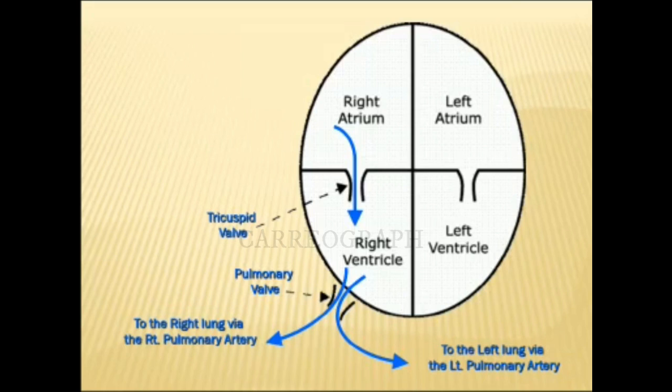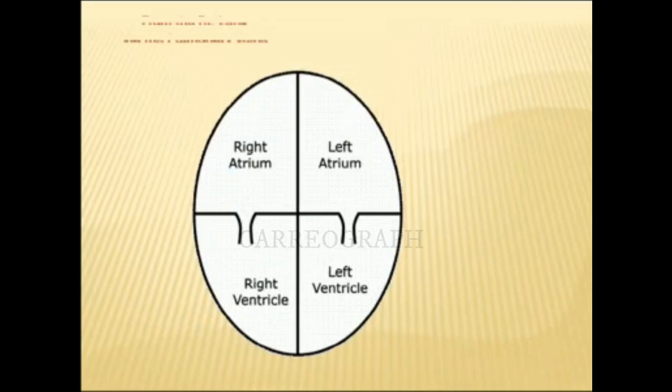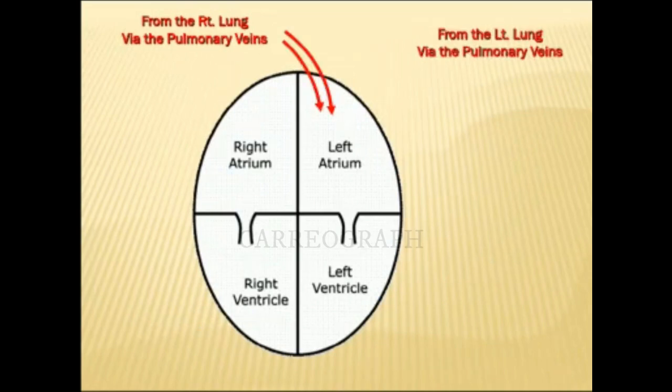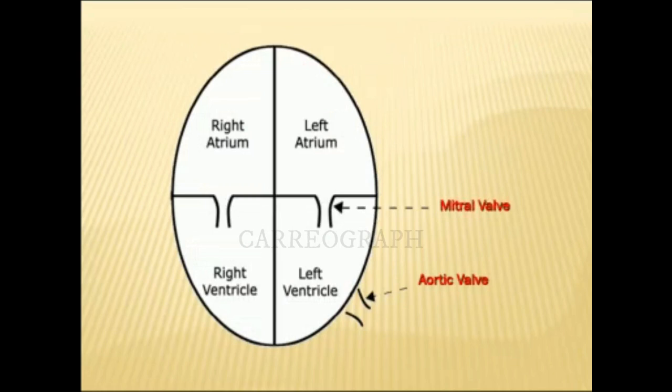This oxygenated blood travels back to the heart through the pulmonary veins from the right and left lungs into the left atrium. When this left atrium is completely filled, blood goes into the left ventricle via the mitral valve or bicuspid valve. When the left ventricle is completely filled, blood moves into the aorta through the aortic valve to different parts of the body.